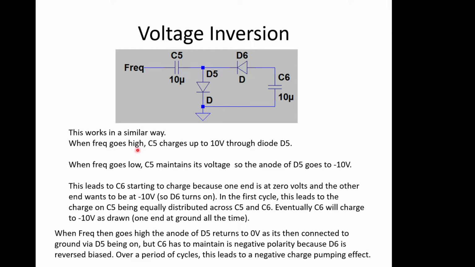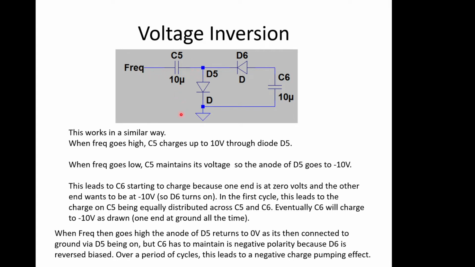So when frequency goes high, C5 charges up. Okay, so that goes high, we charge up through this system, so this ends up at 10 volts or so. When frequency goes low, C5 maintains the voltage across itself, and so the anode of D5 goes to minus 10 volts, which is here. Okay, so we've still got to have the right number of volts across this capacitor here.